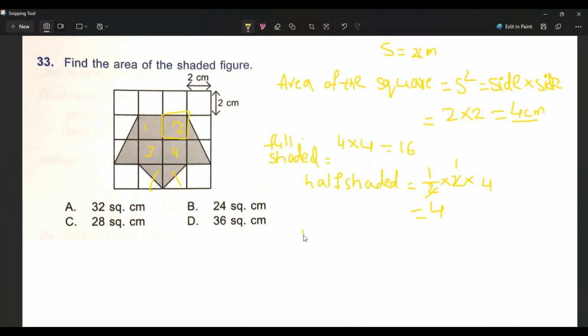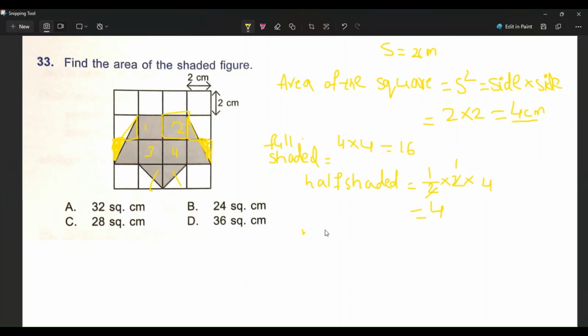Now more than half shaded, how many are there? More than half shaded, 2 are there. And if you observe, if you put these more than half and less than half shaded together here, it becomes full shaded. And if you put this over here, it becomes full shaded. Now more than half shaded became full shaded.